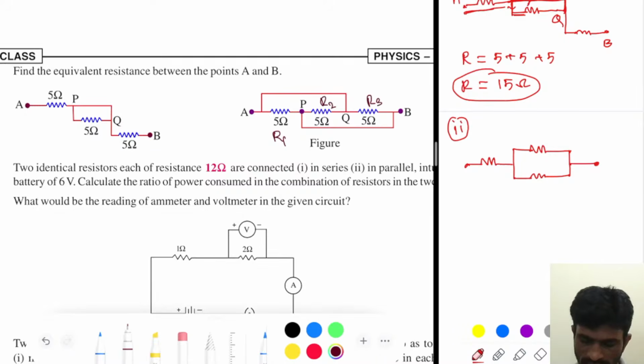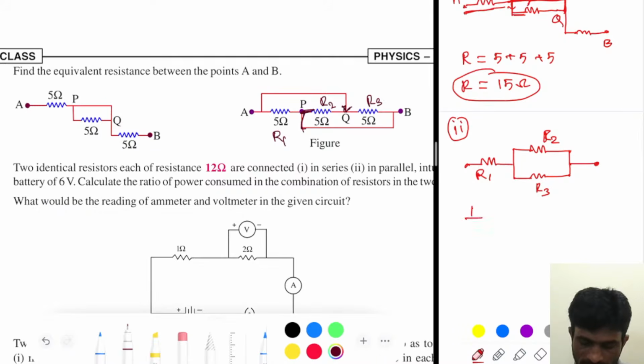This R2 and R3 are connected in parallel because here there is a division and here also there is a division. So we consider R2 and R3 are in parallel, but this R1 is in series with these two parallel. So you can redraw that figure as shown here, R1 plus R2 R3. So here first one 5 ohms as it is, but these two are in parallel. We have to find out what it is now.